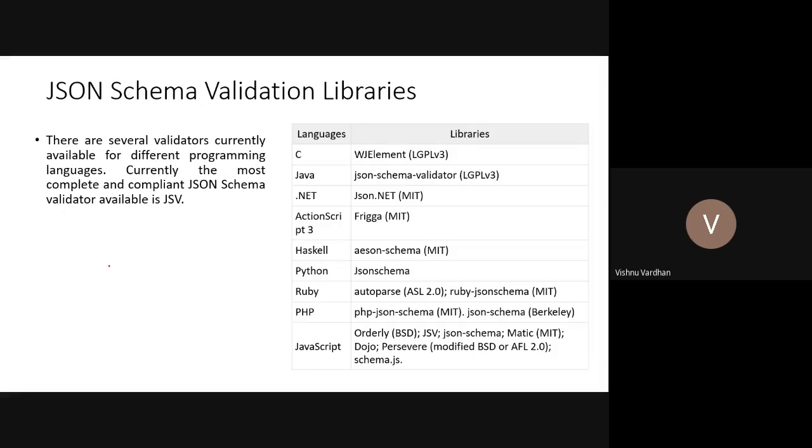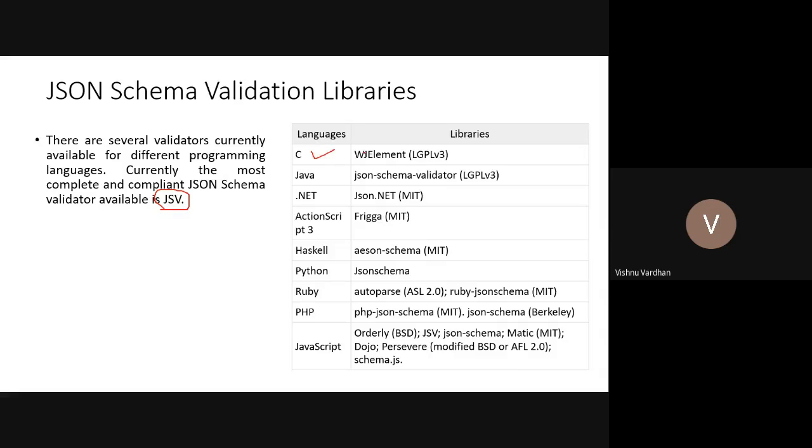And finally, there are several validators currently available for different programming languages. Currently, the most complete and compliant JSON schema validator is JSV. Okay. Along with that, some languages also support some libraries.